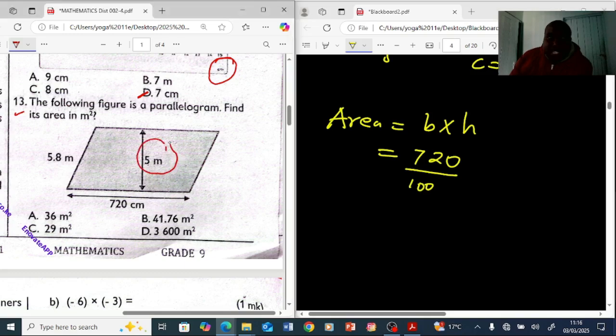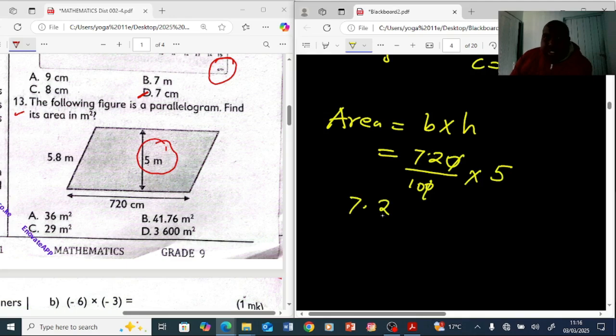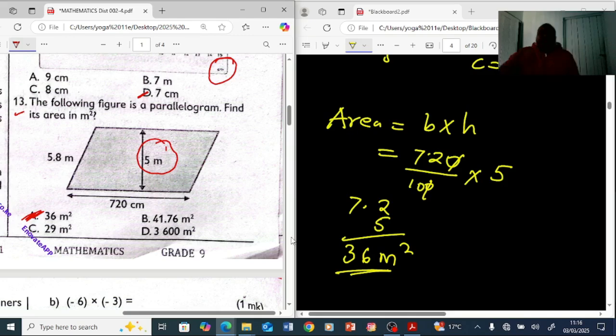You need to be very careful. Times 5. So 7.2 times 5 is 36 meters squared. You convert the 720 centimeters into meters by dividing by 100, because 100 centimeters is equal to 1 meter.